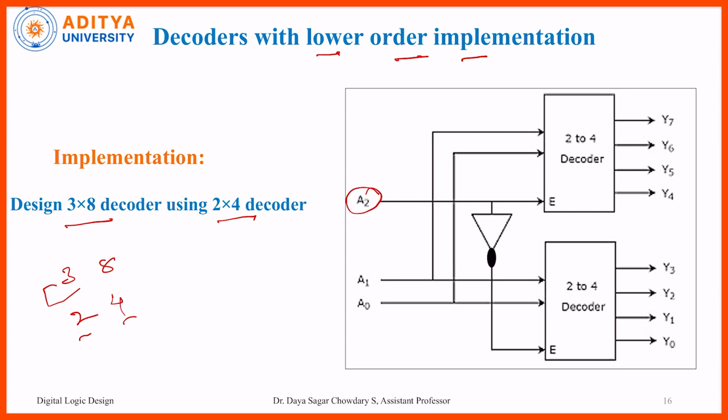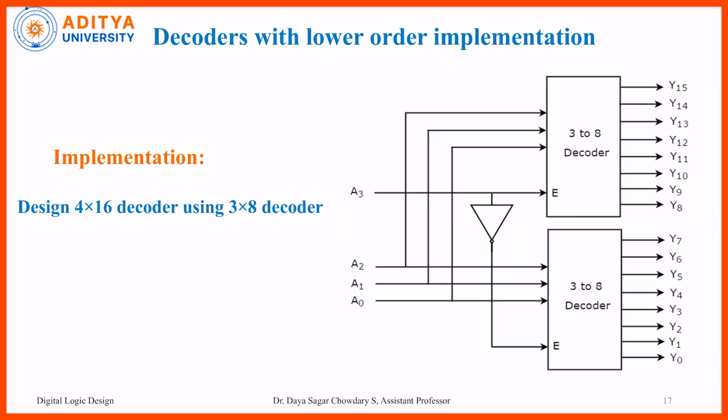Here A2 we can directly give to the enable terminal E of one decoder, and once we use the inverter circuit, we give that input to the other decoder. Likewise we can build a hierarchy of sub modules, from the 3 to 8 decoder using 2 to 4 decoders. Finally we get a total of 8 outputs and 3 inputs. So it follows the 3 to 8, but we are using only 2 to 4 decoders.